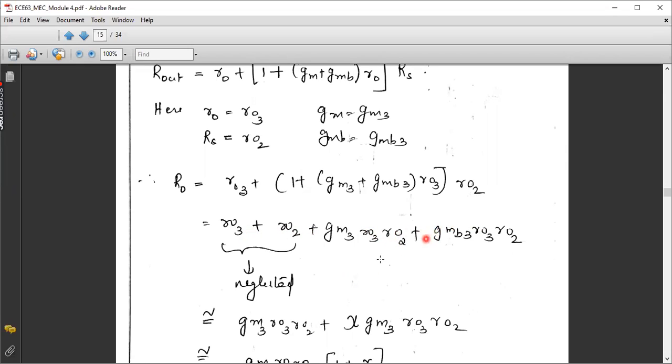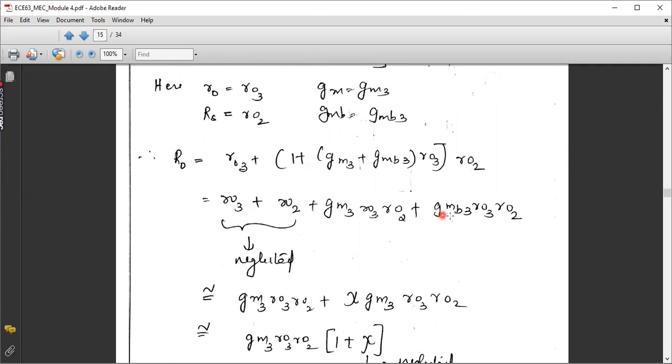In that, what I have done is I have replaced GMB3 as chi into GM. You know that GMB is chi into GM. That is the body effect. Transconductance due to body effect is chi into GM. So GMB3 can be replaced as chi into GM3. And if you take these two terms, the common parameter is GM3 R03 R02.